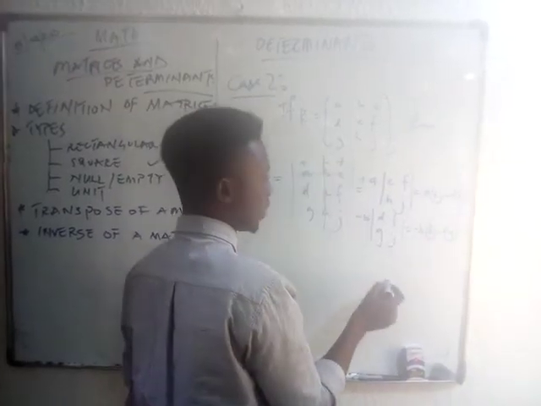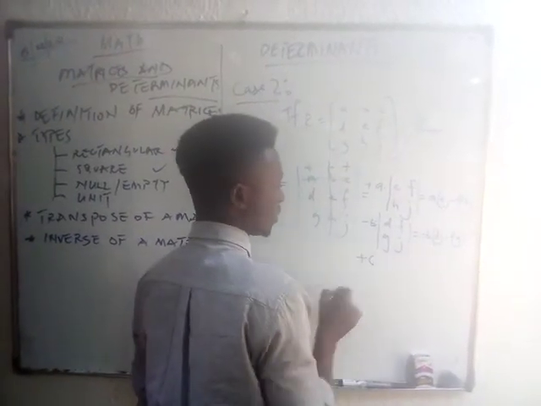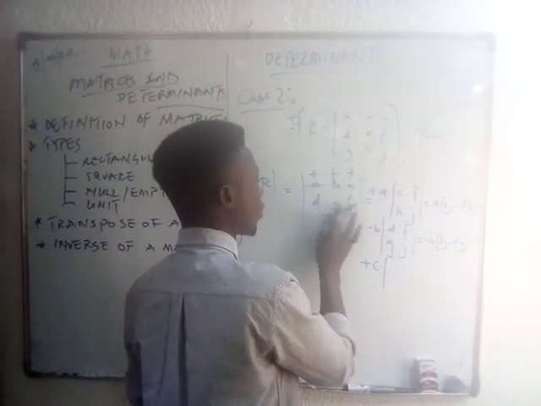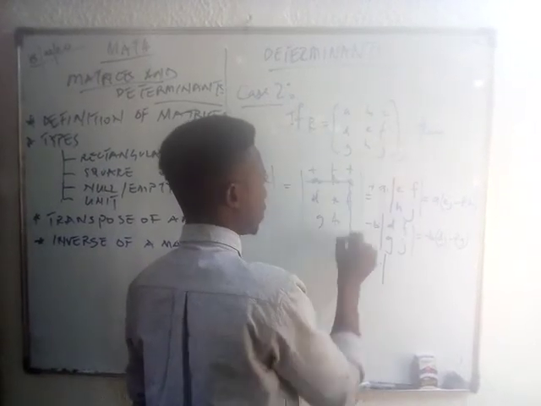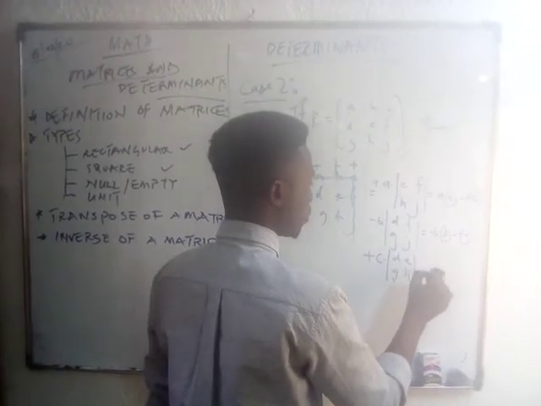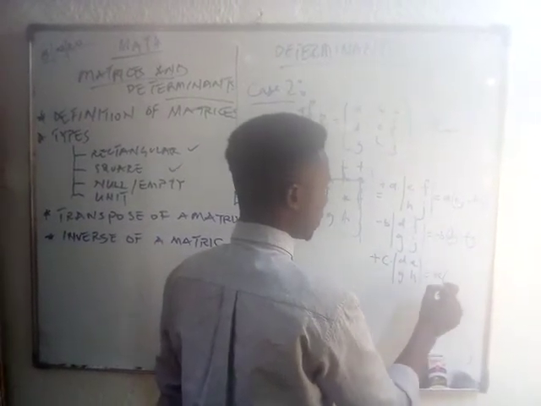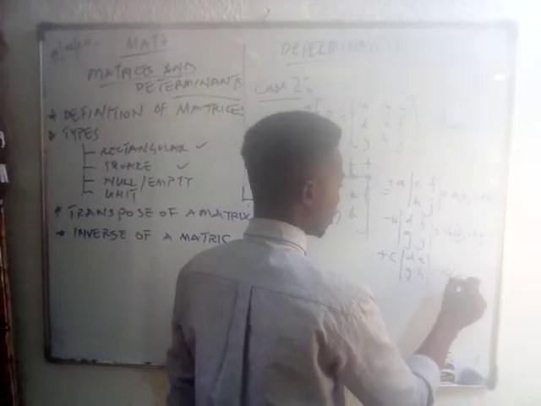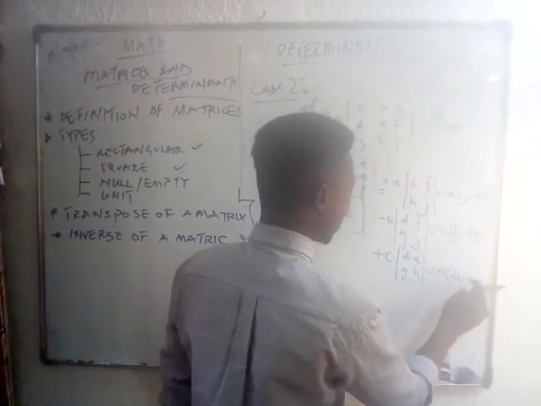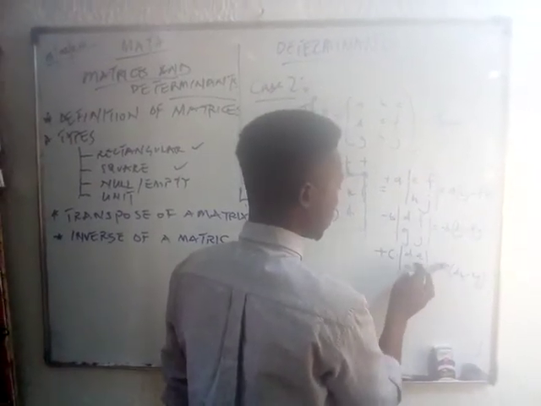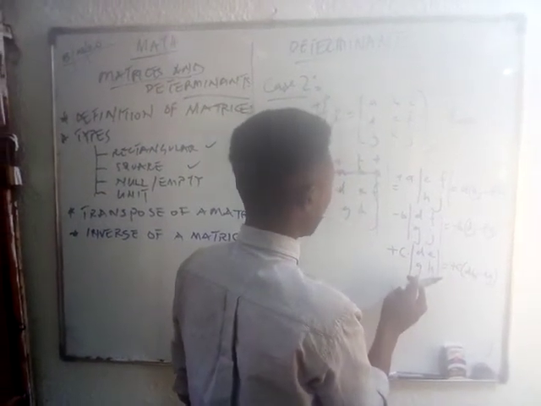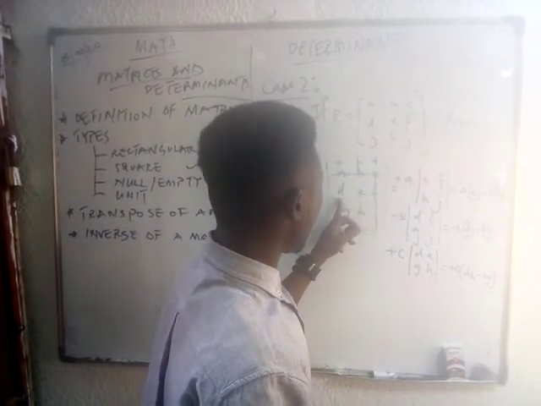C. Which means I have to say plus C, times the cofactors, which are D, E, G, and H. So you have plus C times DH minus EJ. DH minus E. Oh my God.